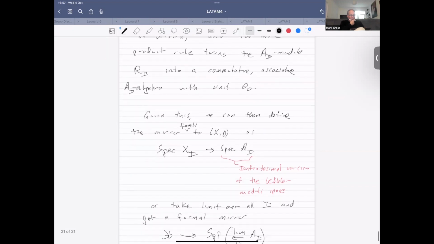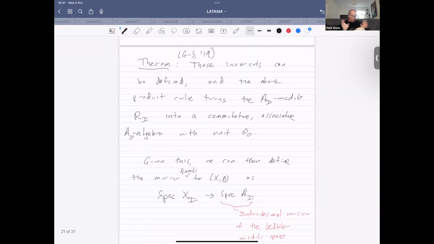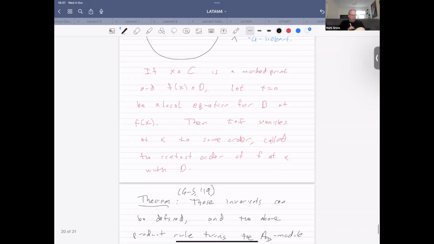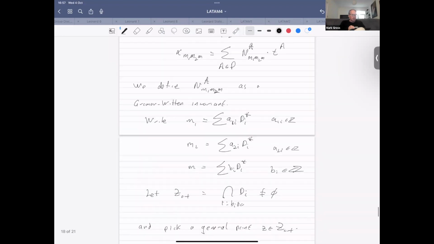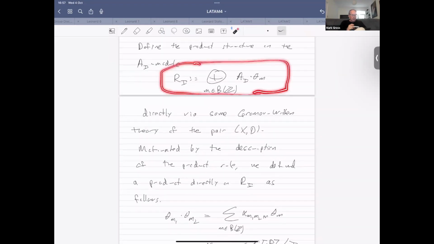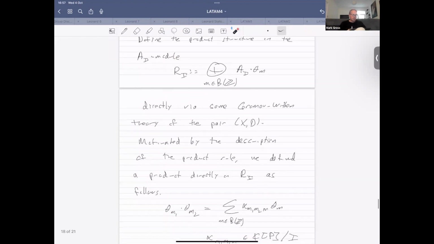So if you got overloaded in the details, I'm sensitive to the fact that some of these details can look quite complicated until you start to work with them. The takeaway for today's lecture is that there is a way. We just start with this AI module, and we put on a product structure using these funny Gromov-Witten invariants, which involve contact orders with divisors, maybe negative contact orders.